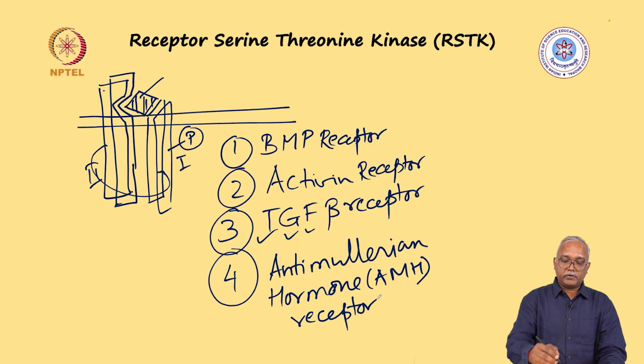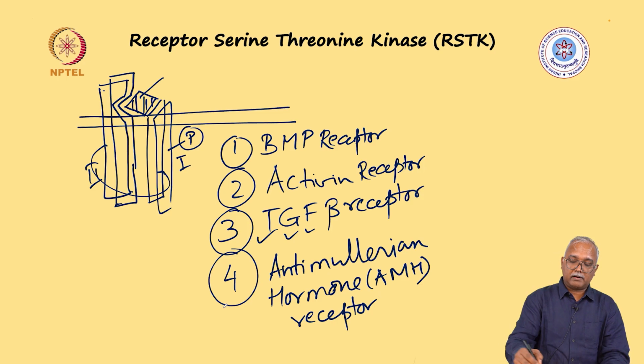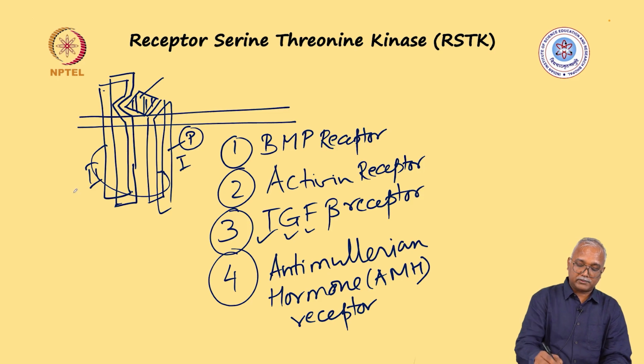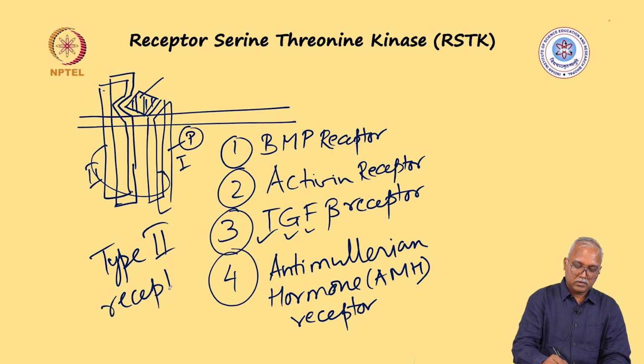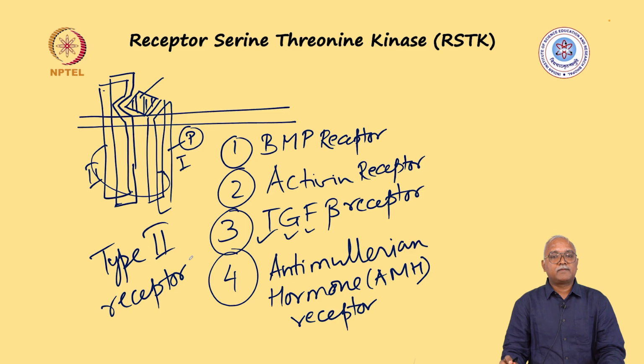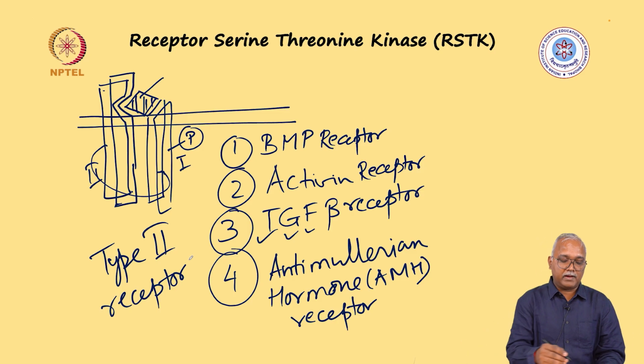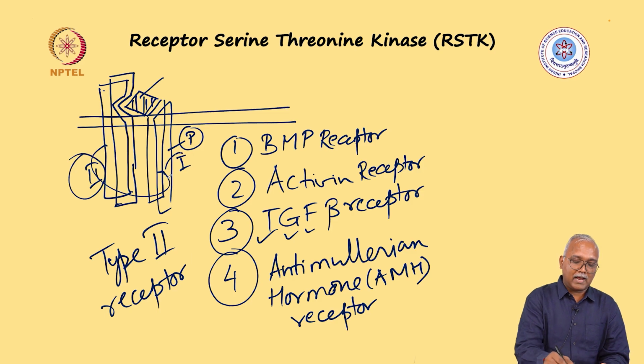So remember, the names which I have given you are directly referring to the type 2 receptor. And as we have understood, receptor serine-threonine kinase is a heterotetrameric assembly of type 2 dimer and type 1 dimer.